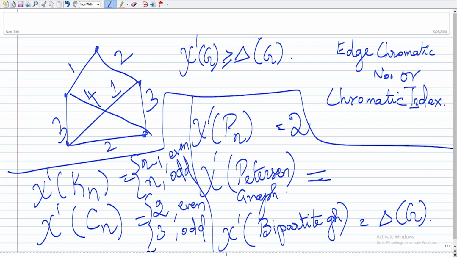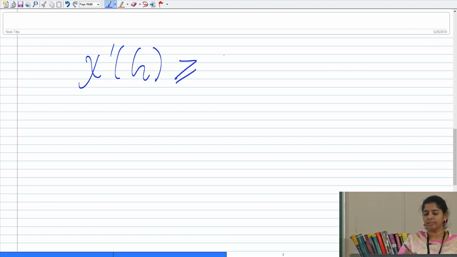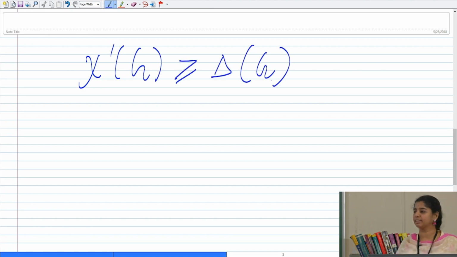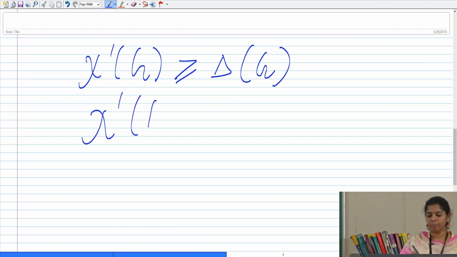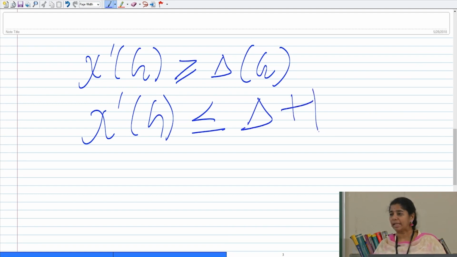What about Petersen graph? How many of you know what is a Petersen graph? Okay. So, next I will touch upon one final bound that we want to talk about. So, we have seen that chi prime of G, the edge coloring requires at least delta colors, right. So, for the other upper bound, chi prime of G is less than or equal to delta plus 1.